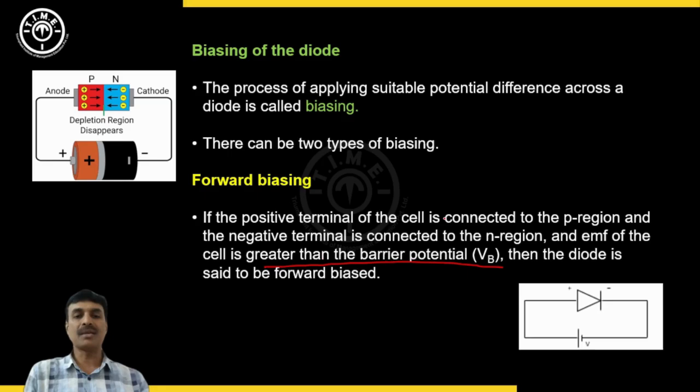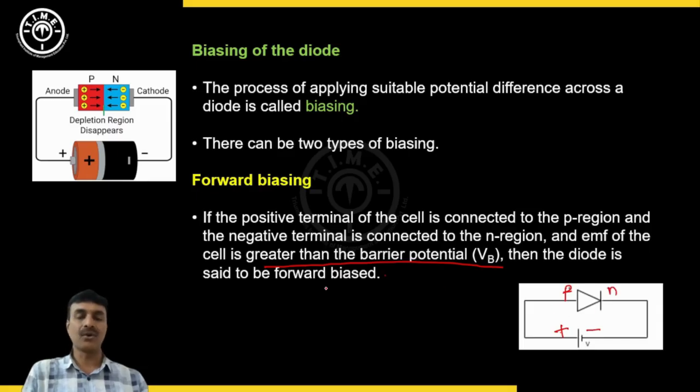If the positive terminal of the cell is connected to the P region and the negative terminal to the N region, and the EMF of the cell is greater than the barrier potential, then the diode is said to be in forward bias. The forward bias circuit symbol looks like this. This is positive, negative of the battery. Positive is connected to the P region here, negative is connected to the N region.